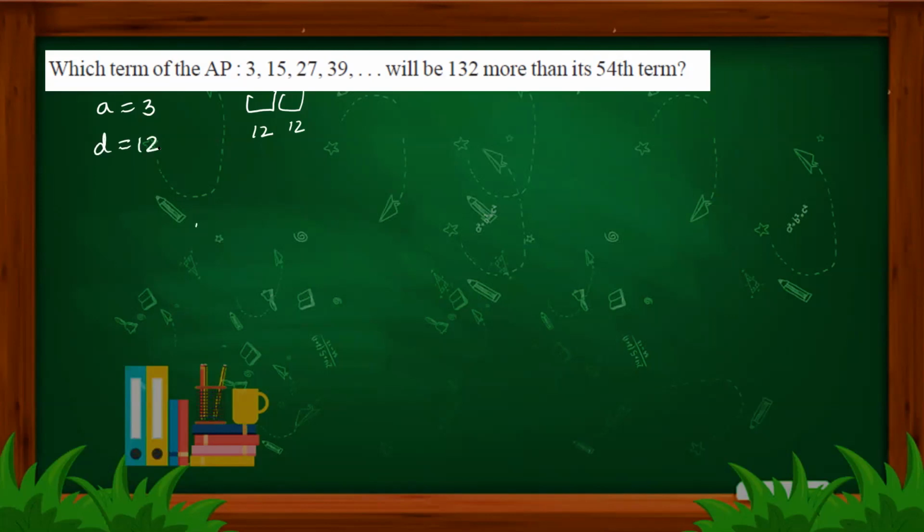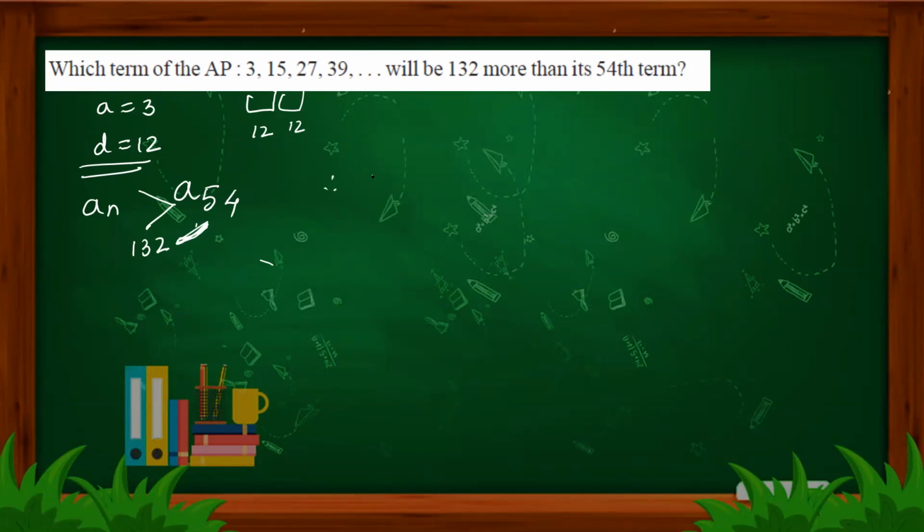Now, what are they asking us? They are telling us that which term will be 132 more than its 54th term. So that means we need to find out a term an which is going to be greater than the 54th term by how much? By 132. That means when I add A54, 54th term plus 132, I'm going to get my an.